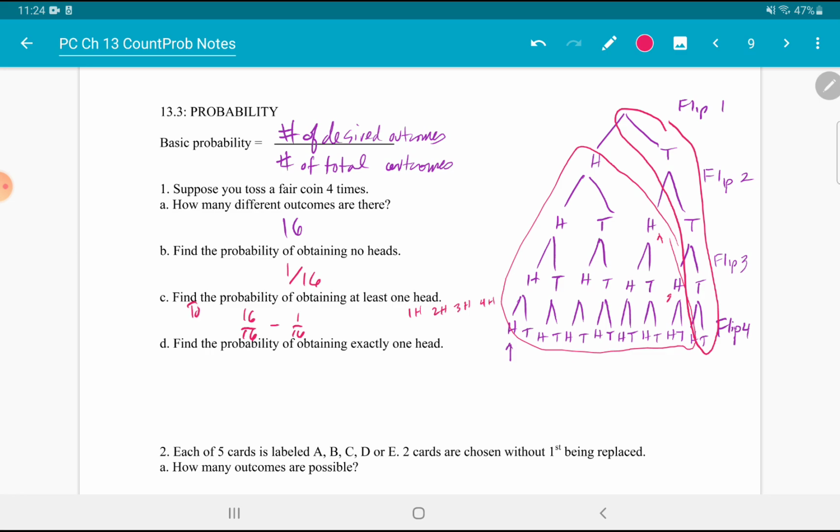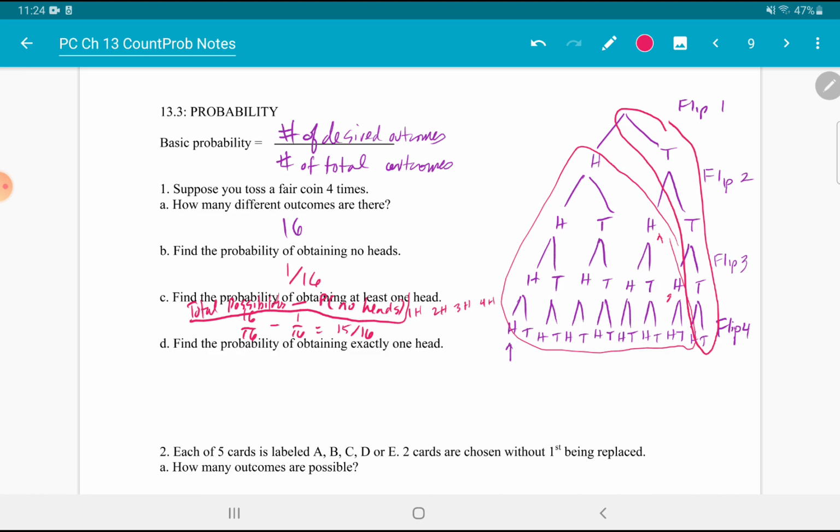We're saying that the total possibilities minus the probability of getting no heads leaves you with the probability of getting at least 1 head. And that probability would be 15 over 16.